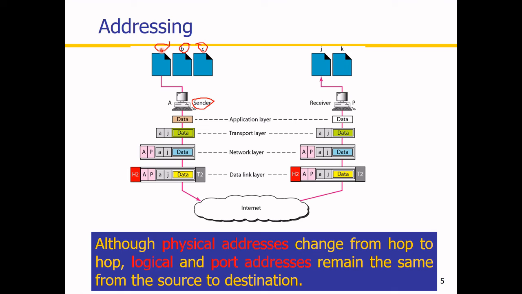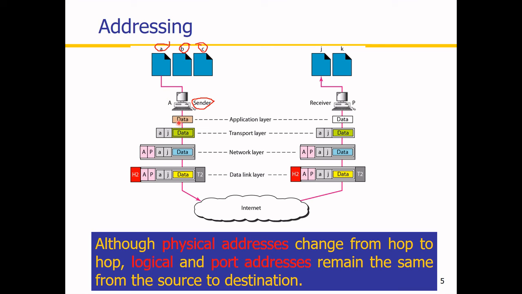Normally port addresses would be numbers like 80 or 1, 2, 3, 4, and so on, but over here, port addresses have been represented using small letters. And this A for the sender is the IP address. Normally IP addresses would typically look something like 168.13.1.0, and so on.